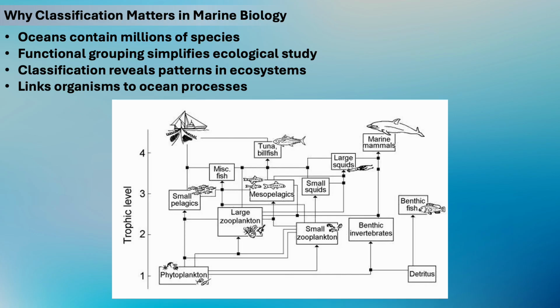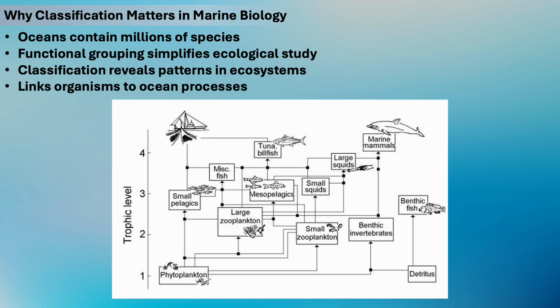Because of this complexity, marine scientists often rely on functional classification systems that group organisms according to shared ecological characteristics. These classifications allow us to simplify the overwhelming diversity of marine life into manageable categories that reflect how organisms interact with their environment and with one another.